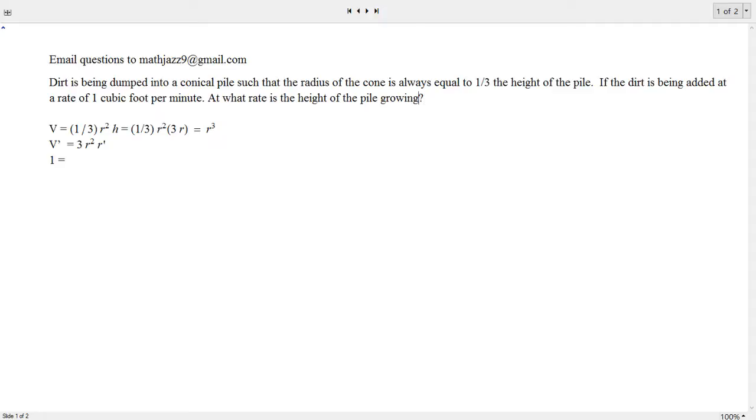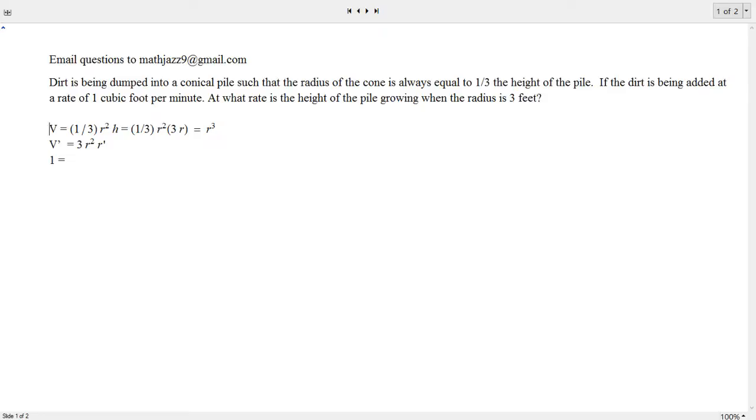At what rate is the height of the pile growing when the radius is 3 feet?